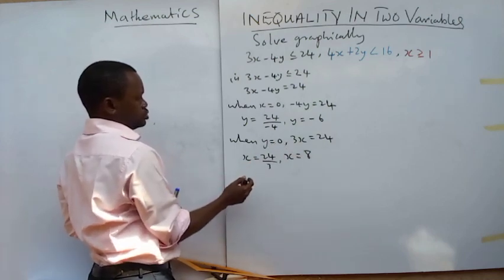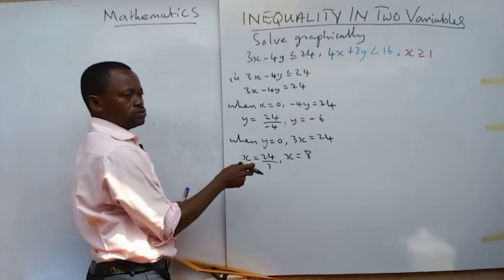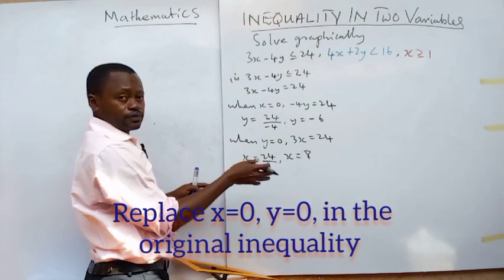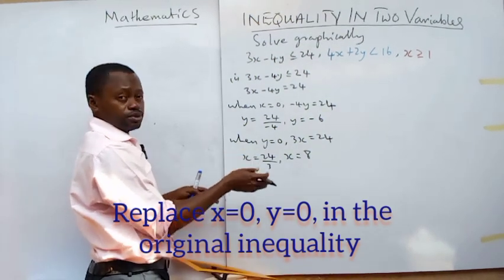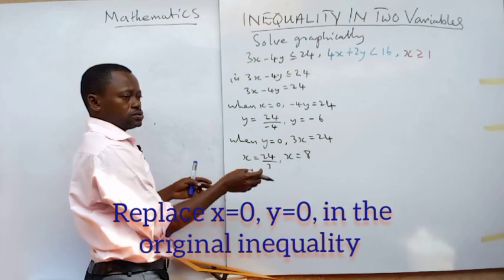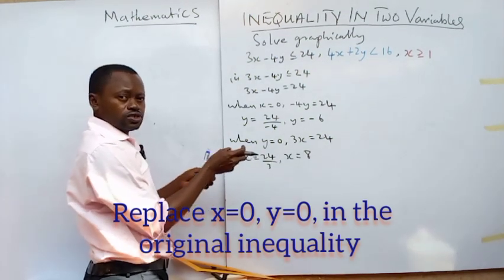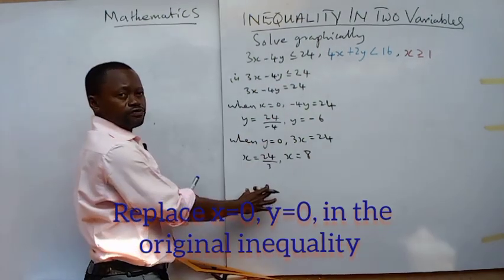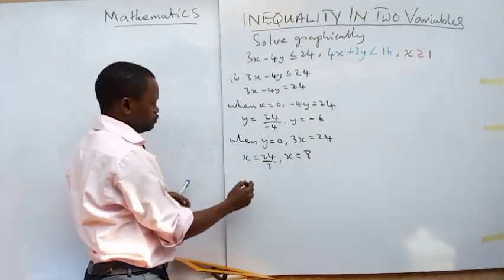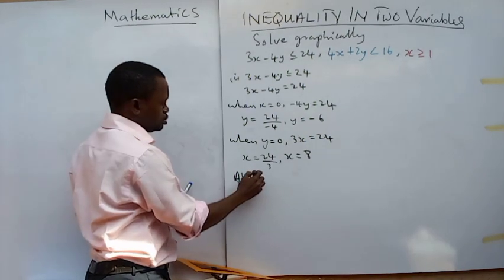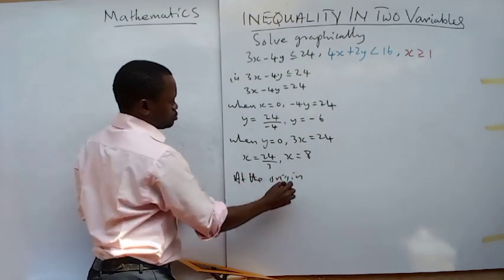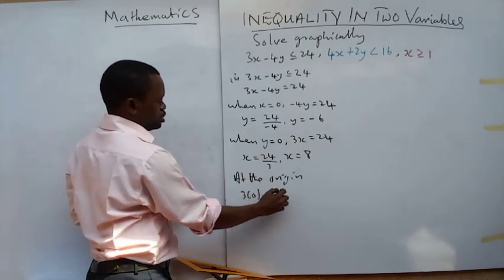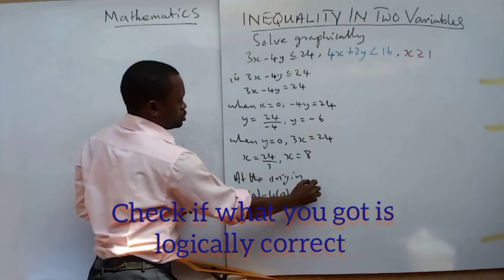The next thing is to check whether the origin is inclusive in the solution area, the area that satisfies the inequality. At the origin, x and y are 0, so I test it to see whether I get a logical statement. At the origin we have 3(0) minus 4(0) less than or equal to 24.